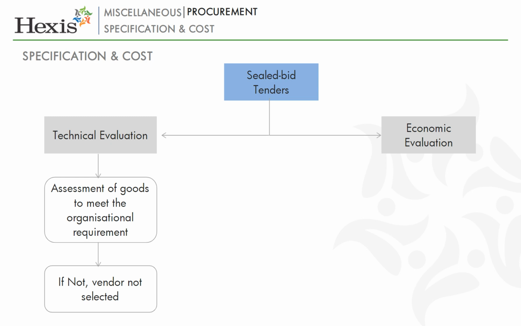Only submissions from potential vendors that pass the hurdle of technical acceptability should proceed to an economic evaluation. Vendor selection, therefore, is normally made on the basis of the economic evaluation of the best value for money offered by technically acceptable offers.